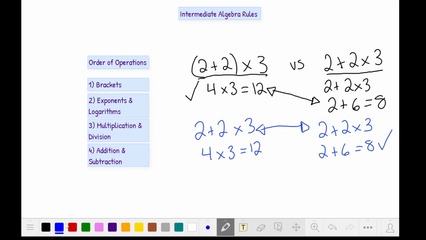The way I like to think of it is exponents are a fancy way of multiplying. So 3 to the 3 is 3 times 3 times 3.